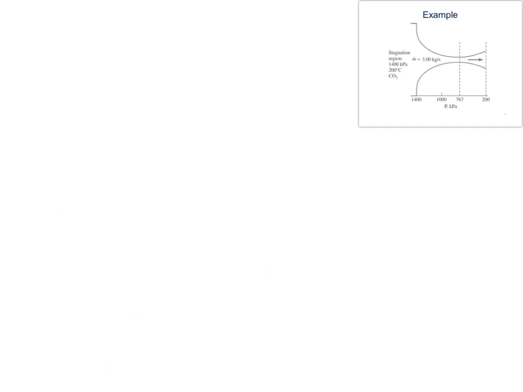All right, to calculate the Mach number, we're going to need the velocity divided by the speed of sound in the fluid. But we don't have the speed of sound yet, so we need to calculate that first. And speed of sound is the square root of kRT.